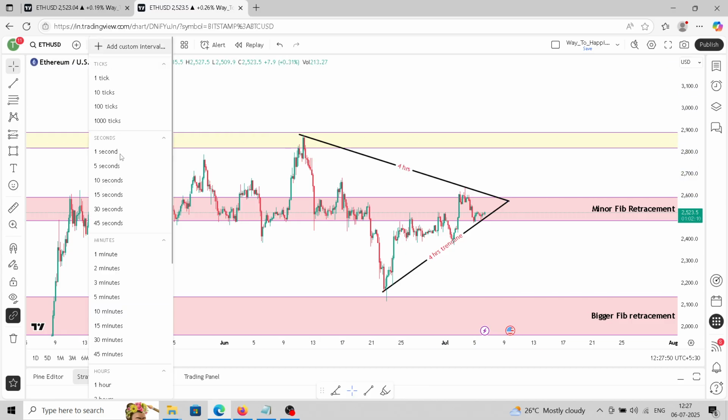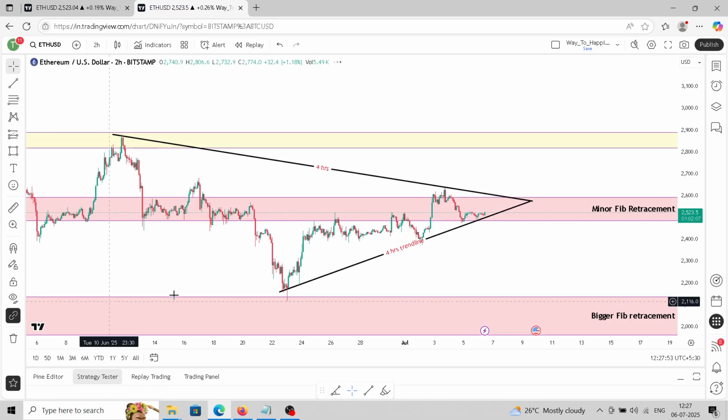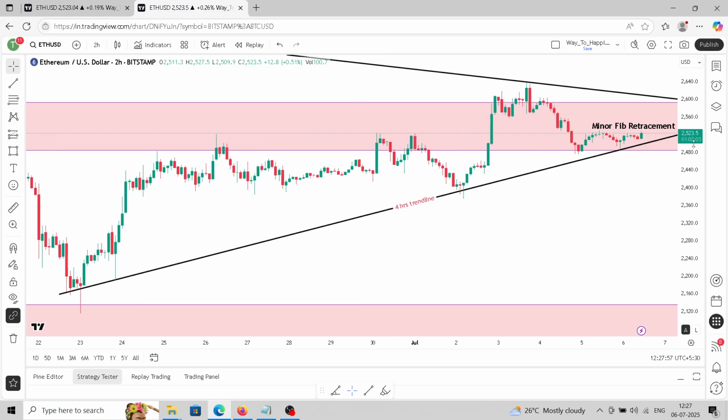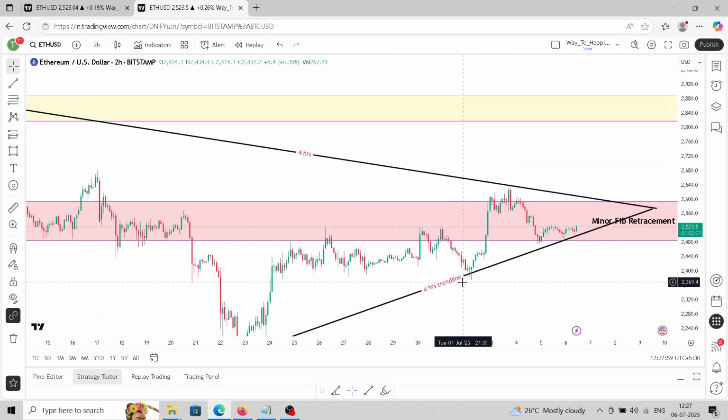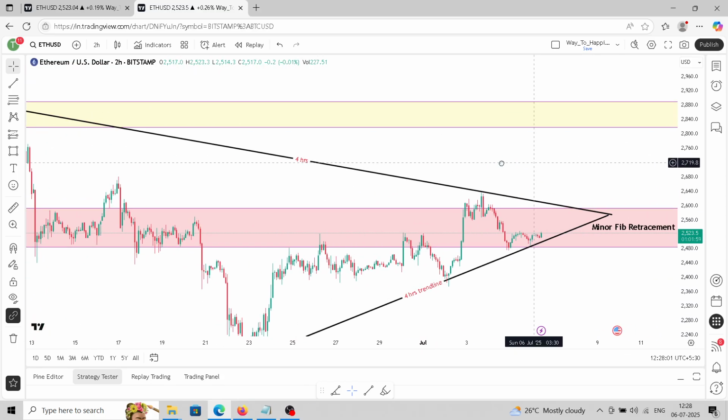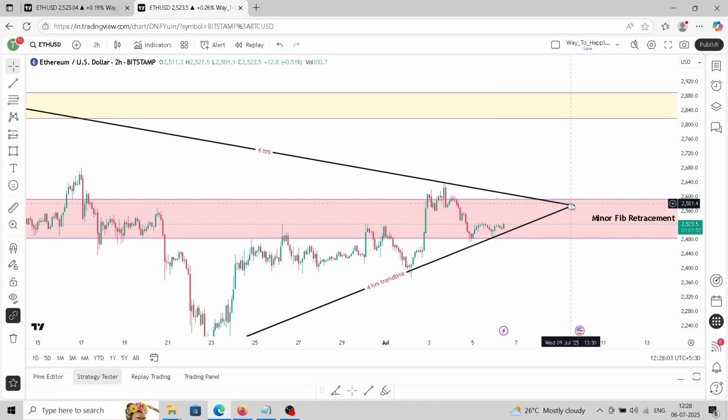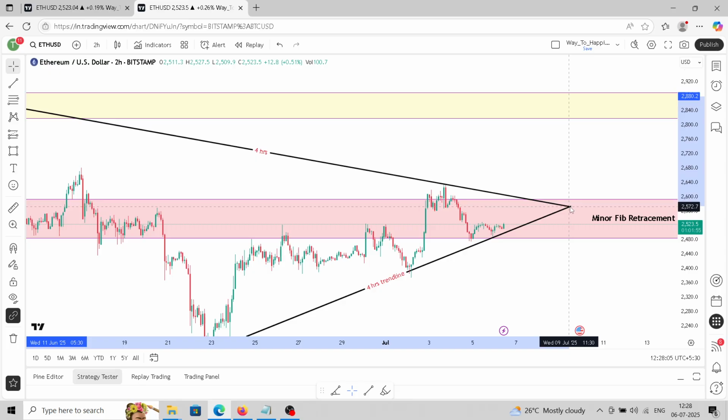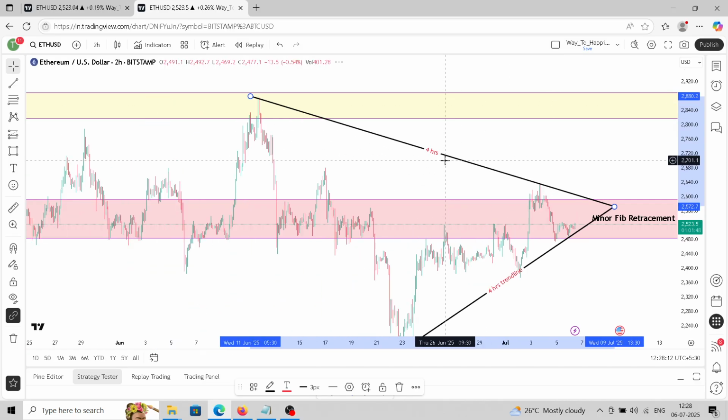Okay, let me take it to 2 hours. On 2 hour, what is it trying to say? It's trying to say that it has taken a rejection here, on the 4 hour trend line. And on 2 hour, there is a possibility that it can go up till here, and then it will hover here, here, here, and it will go up again.